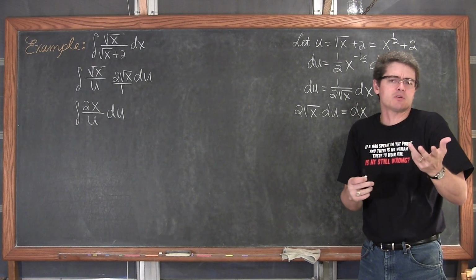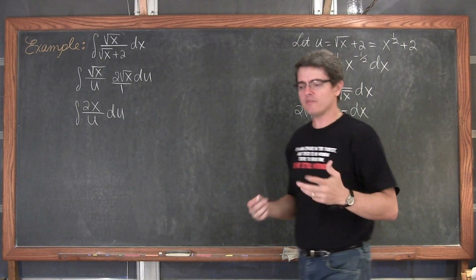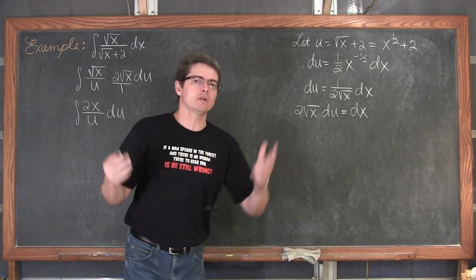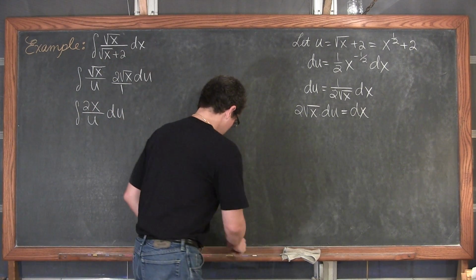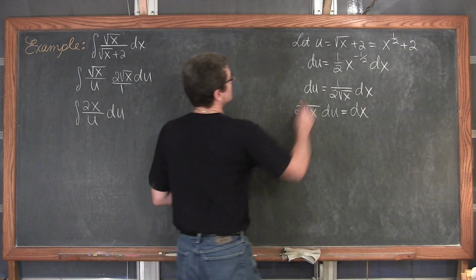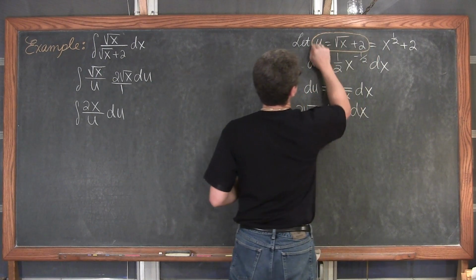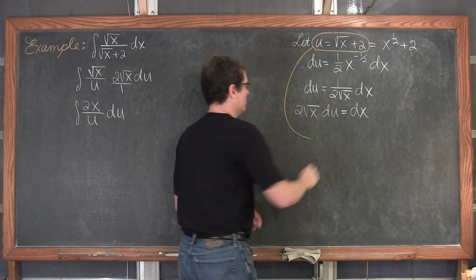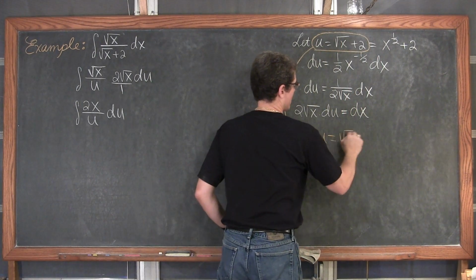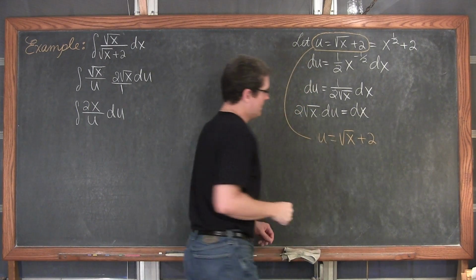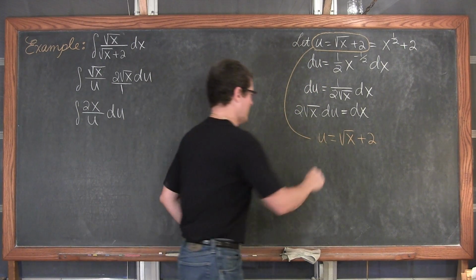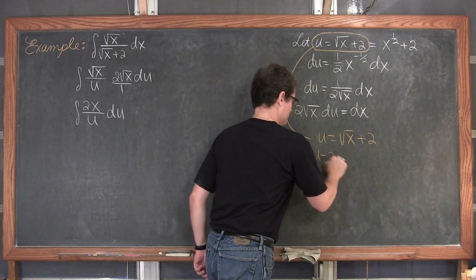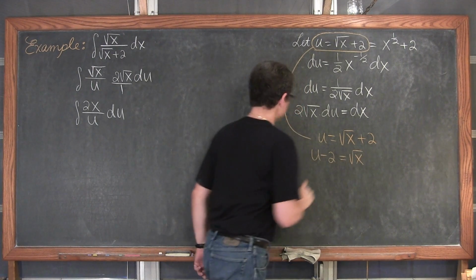And that happened when we started learning about integration, definite or indefinite, with u substitution. So sometimes we have to come up here and just work a little bit more. So right here, if we have u is equal to the square root of x plus 2, then I can take the plus 2 and move it over to the other side, and we have u minus 2 is equal to the square root of x.